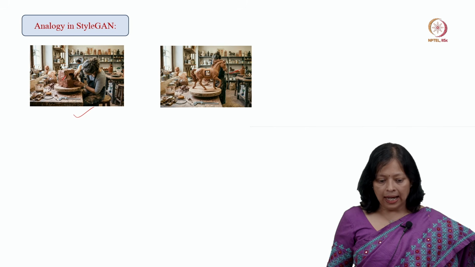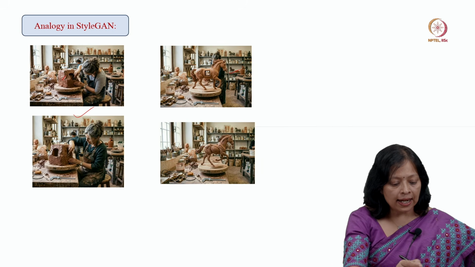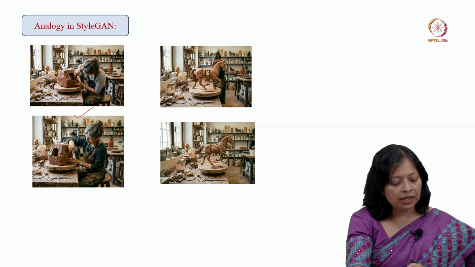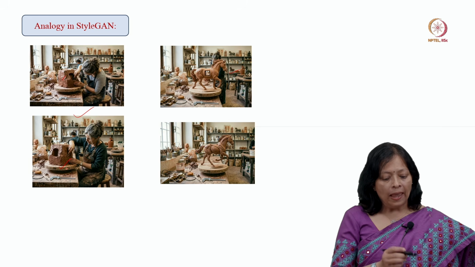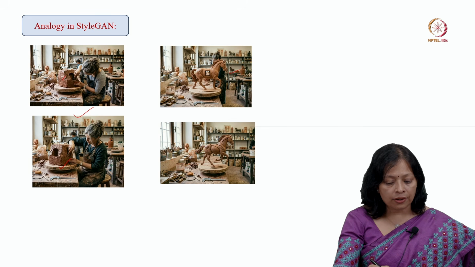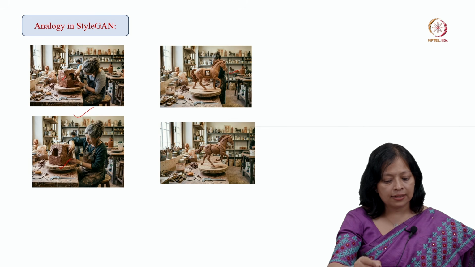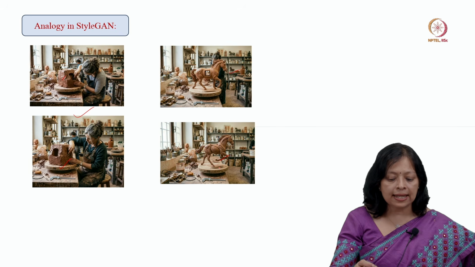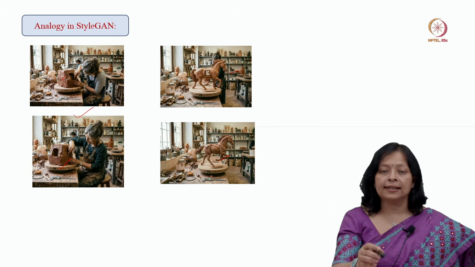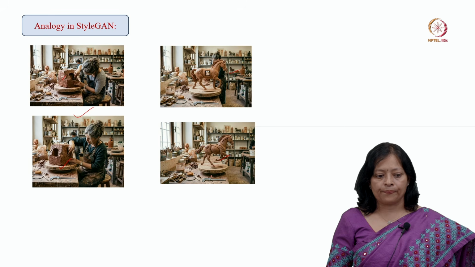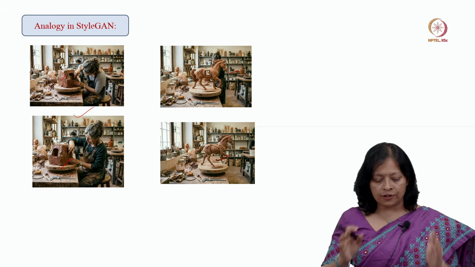On day 2, the artist once again sits with a similar block, and she creates a horse which has a different style than day 1's horse. Think of this situation.